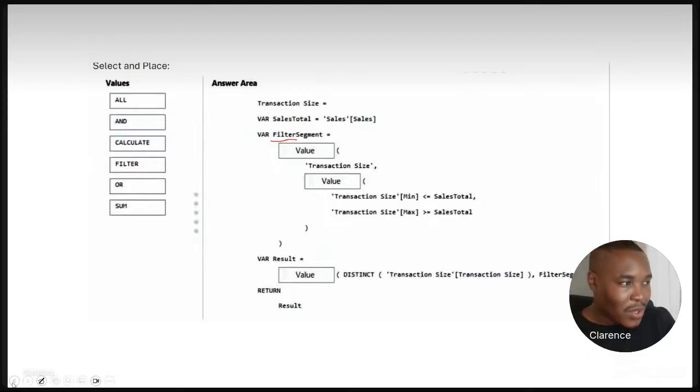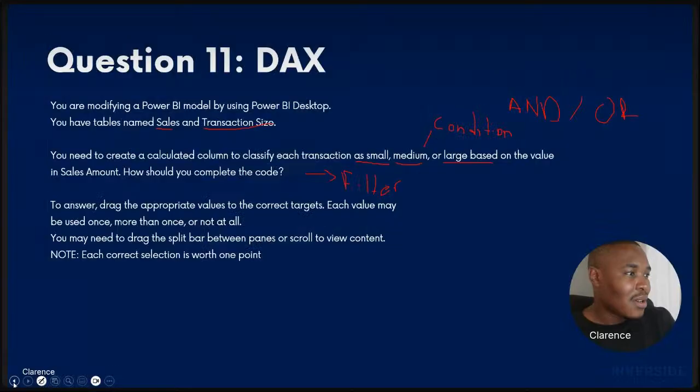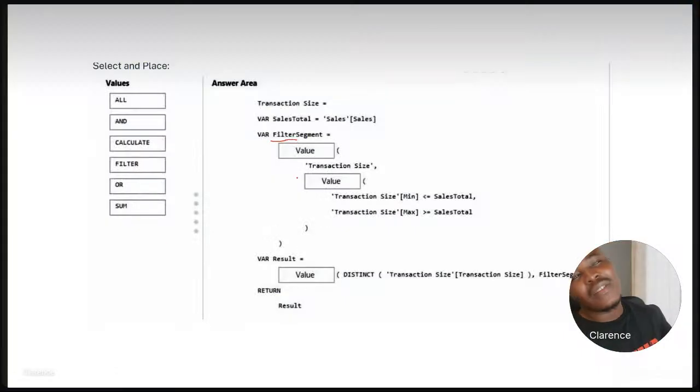If you go back to this, hopefully this goes back. You need to classify each transaction. So already you know that the classification is more related to the transaction. And this actually gives us a further clue, the transaction size. If you wanted to do any sort of filtering or classification, you probably want to take filter and add it over here.